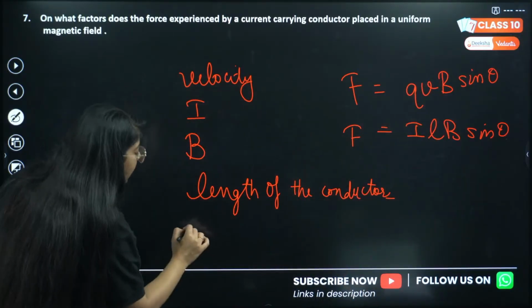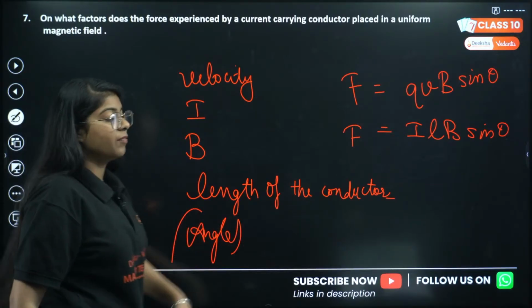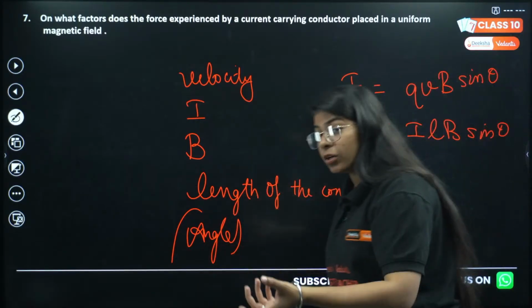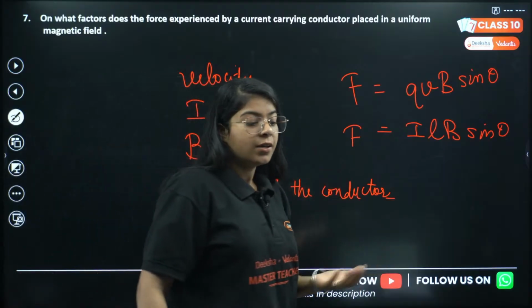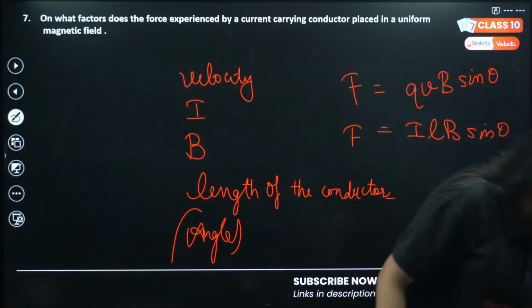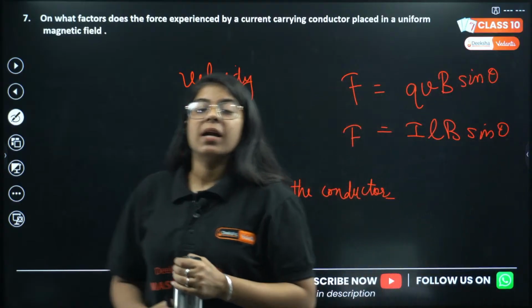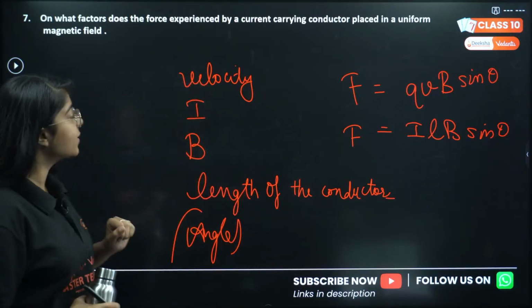The angle at which it is placed inside the magnetic field: if it is parallel to the magnetic field, if it is perpendicular to the magnetic field, or if it is at a certain angle. All those orientations will give a different force due to that magnetic field, correct?